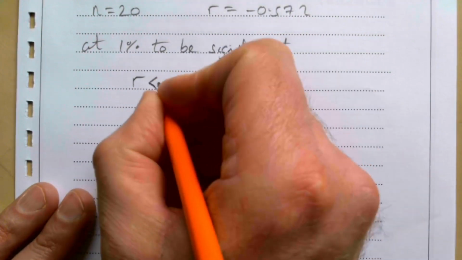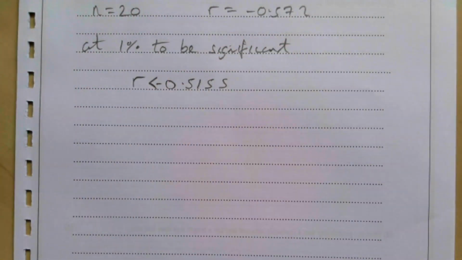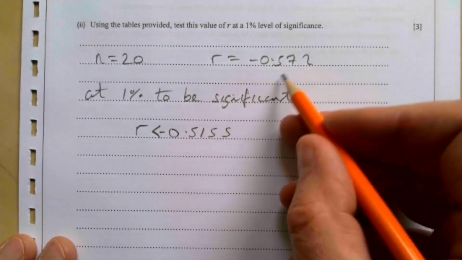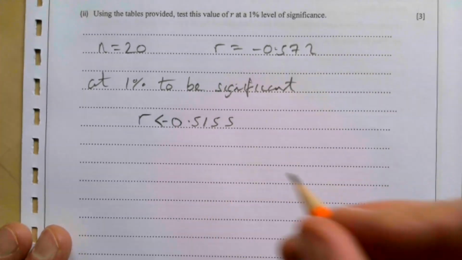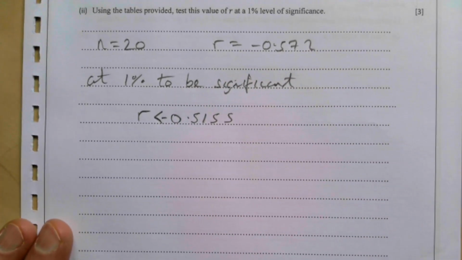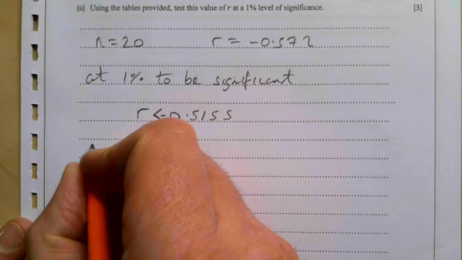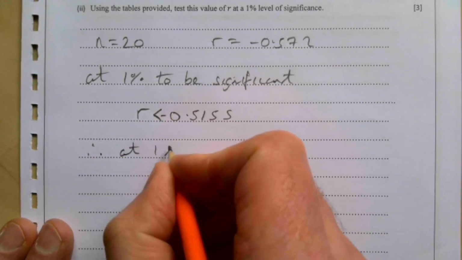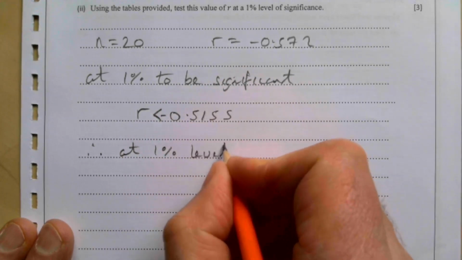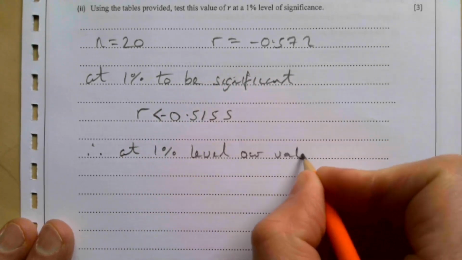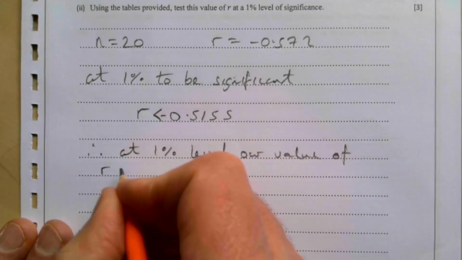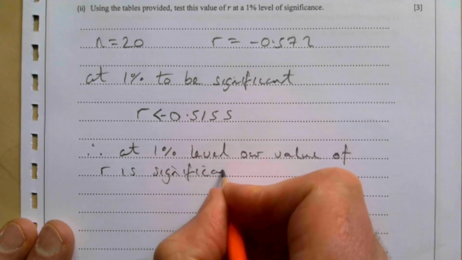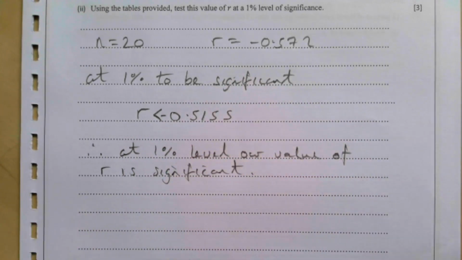And sorry, that's going to be a negative value there. And so because our value of R is less than that, as in it's further down than that, then at the 1% level, R is going to be significant. And that's us.